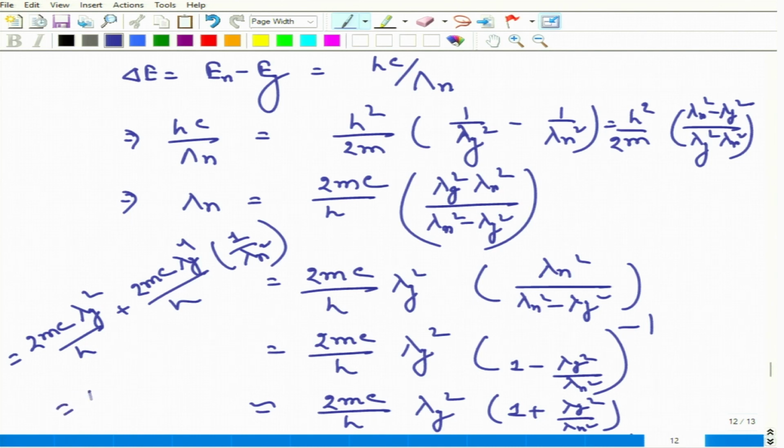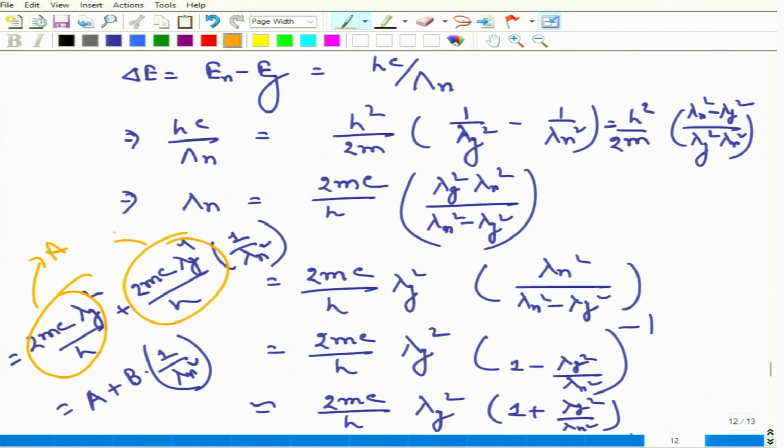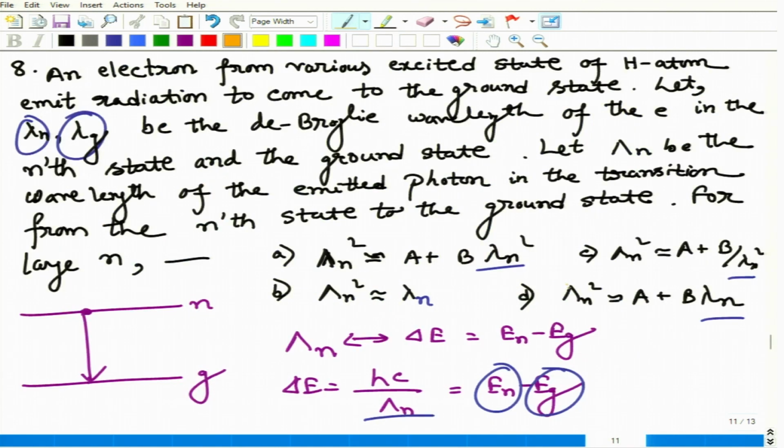So it can be written as a plus b into 1 by lambda n square, where this is the a and this is the b. Now if you compare, this is lambda n, so this should be the correct option. Yes, this is the correct option, and lambda n equals to, not lambda n square equals to, this is lambda n equals to. So this should be the correct option.